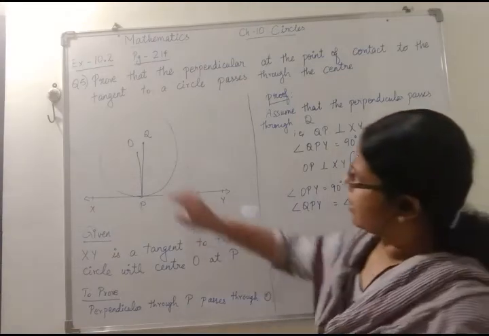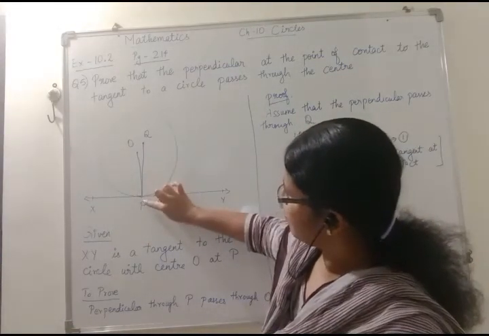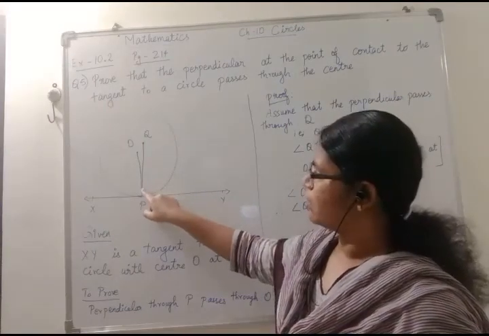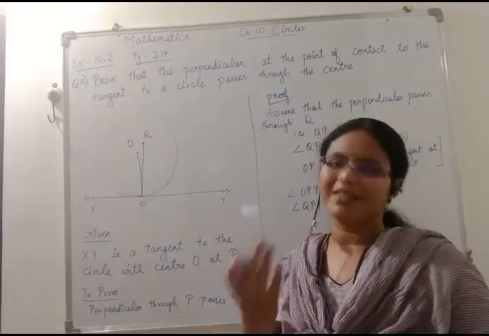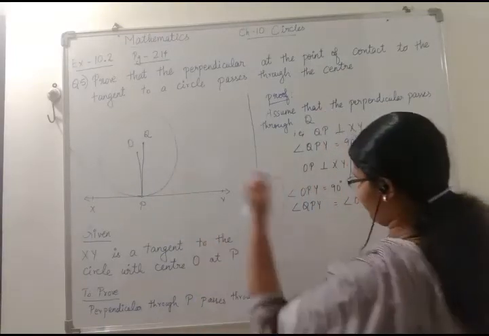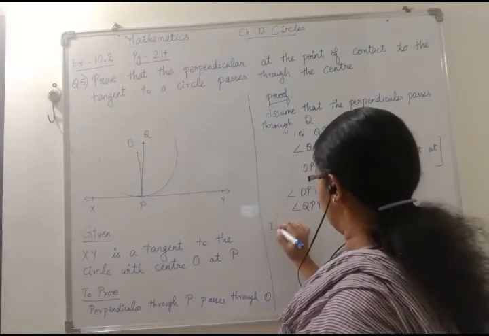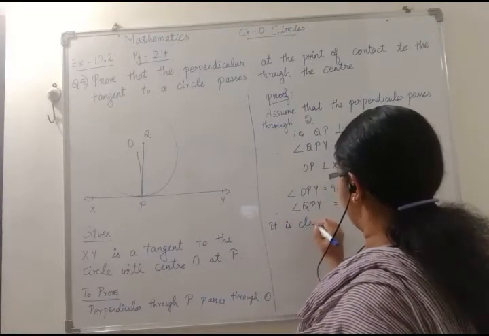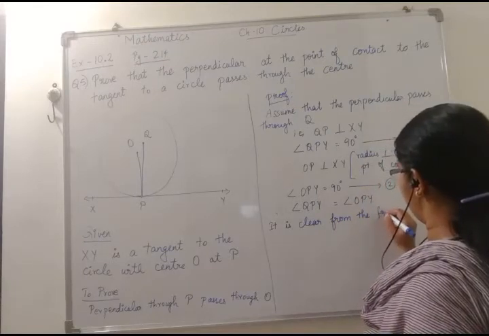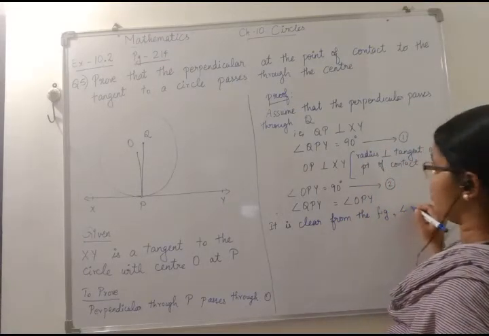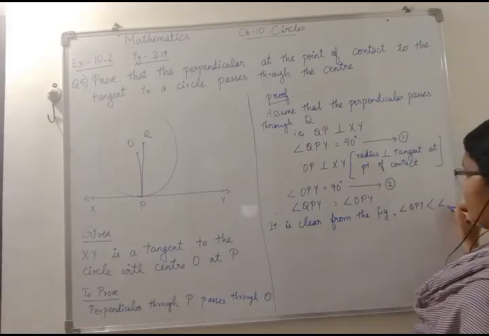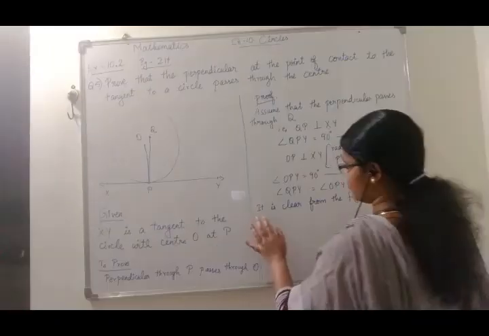But if you see in the diagram, O is perpendicular, but Q is slightly towards here. So the angle is definitely not 90 degree. Maybe it is 85, 80, whatsoever, it is definitely not 90 degree. It is clear from the figure that angle QPY is smaller than angle OPY.